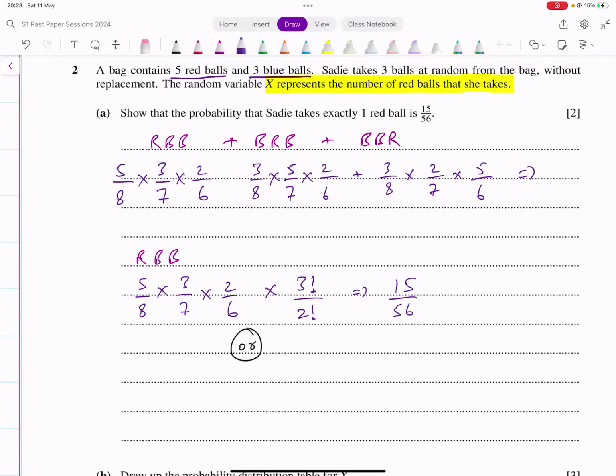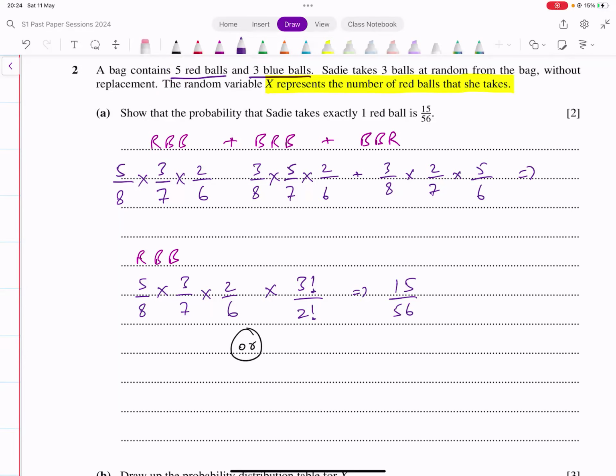You can say, okay, we want exactly 1 red ball out of how many balls? Out of 1 red ball out of 8 balls. Yeah, out of 5 balls, sorry. These are 5 balls, so you're not distracted. Okay, so you have 5 red balls, you want 1 red ball, and out of 3 blue balls, you want 2 blue balls.